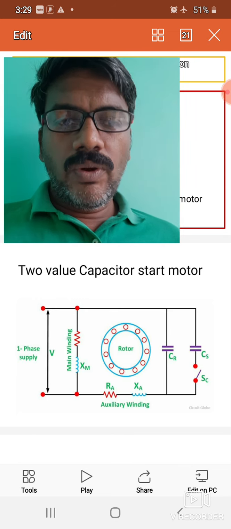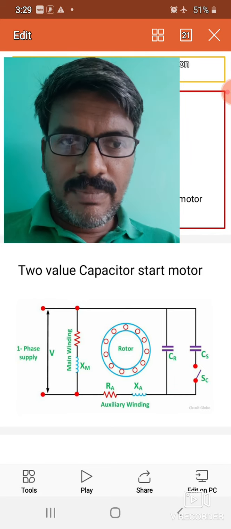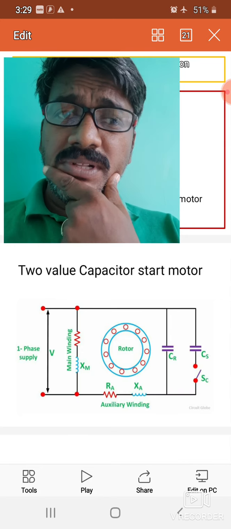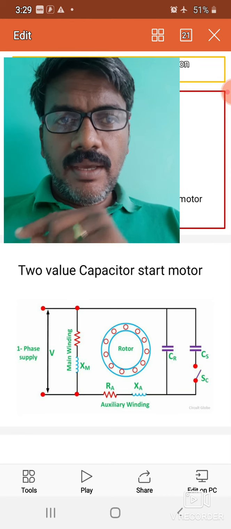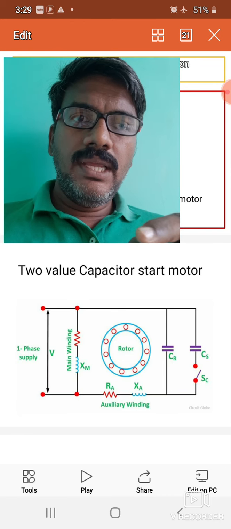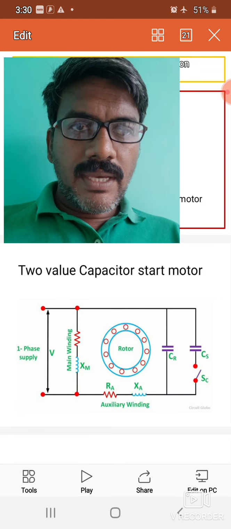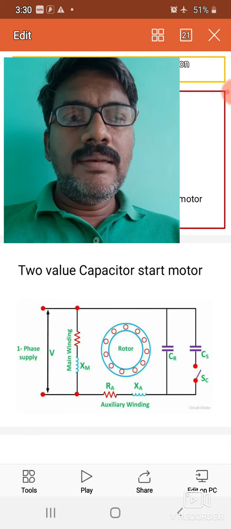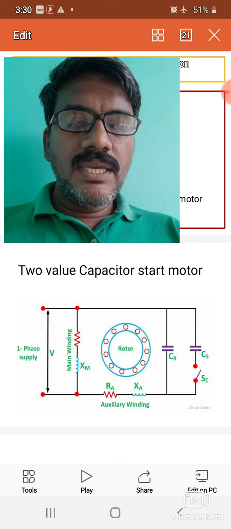Another one is the auxiliary winding, its resistance is Ra and reactance is Xa. Please remember these variables, right? Reactance of the main winding is Xm, reactance of the auxiliary or starting winding is Xa. Here the two capacitors are connected in parallel to the supply, or in series with the winding.